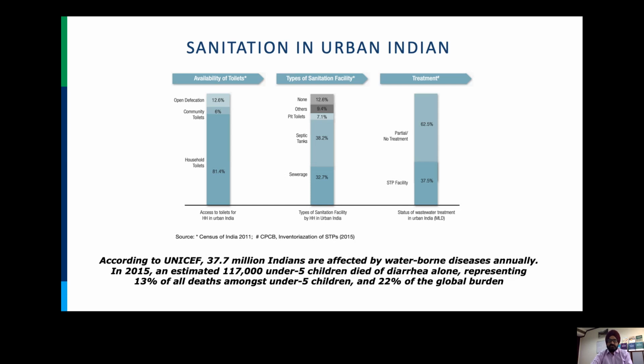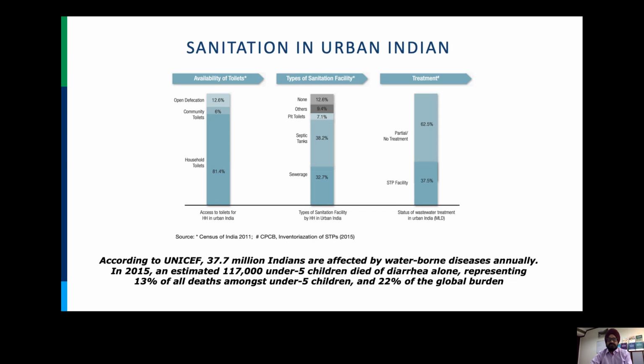and we reached the 100% open defecation target last year, the types of sanitation facilities are very varied and remain predominantly septic tanks, pit latrines, and others. What this has resulted in is that the treatment has been, it's not just the type of system there, but even the treatment of wastewater shows that only 62.5% of the wastewater generated is partially treated.